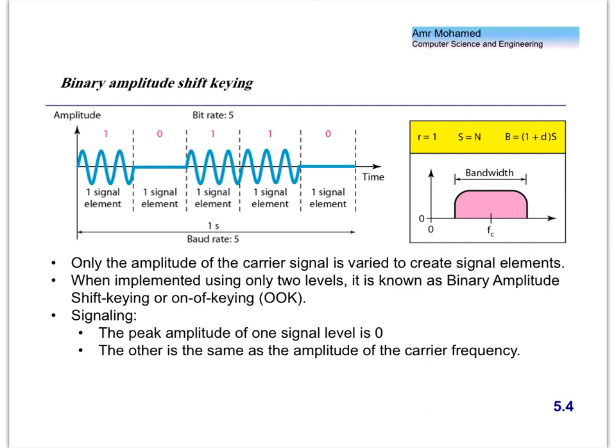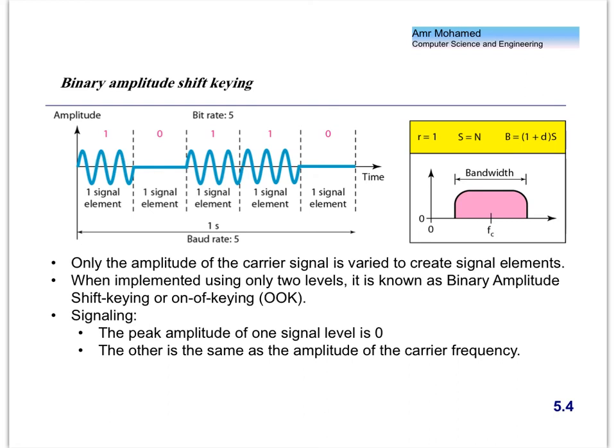So we want to just analyze the pros and cons of this one in terms of error probability. Basically, this one tends to have higher error probability, especially if you have some attenuation due to the noise on the channel.